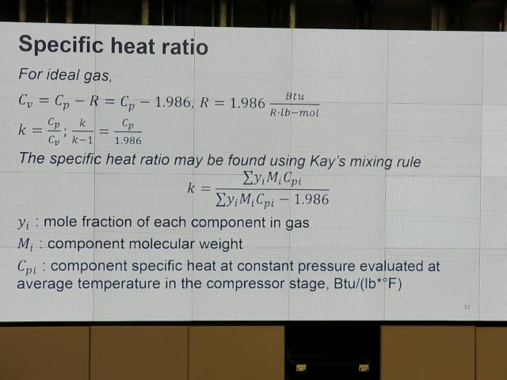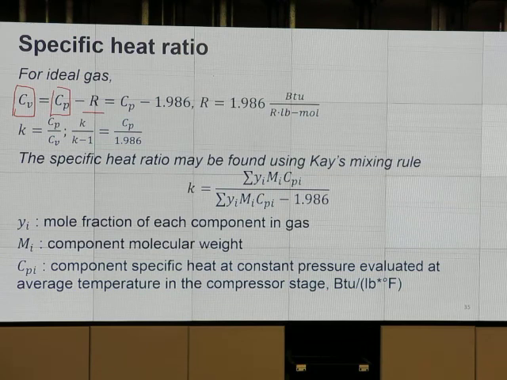For ideal gas, Cv, specific heat capacity at constant volume, is specific heat capacity at constant pressure minus R. R is gas constant. That's for ideal gas. And everything has to be the same unit. So R has the same unit as specific heat capacity.